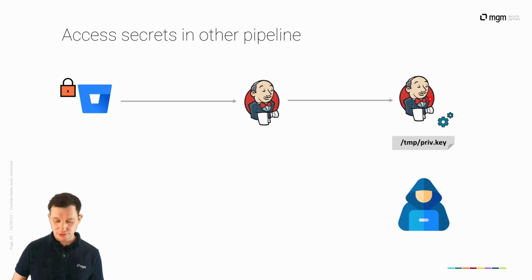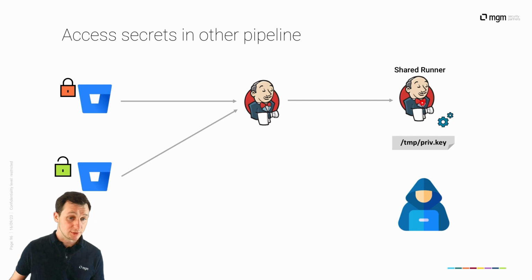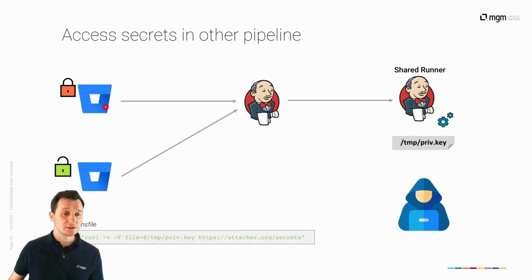So what could an adversary do? He or she could create another project, and this project he or she has access to, of course, when he or she created it. And when this project is running, you could try as an adversary to create pull requests or commits directly in the moment when this pipeline is running. And then you could bring in your Jenkinsfile something like curl and send this temp private key file.